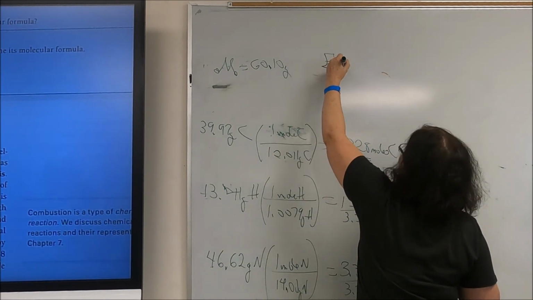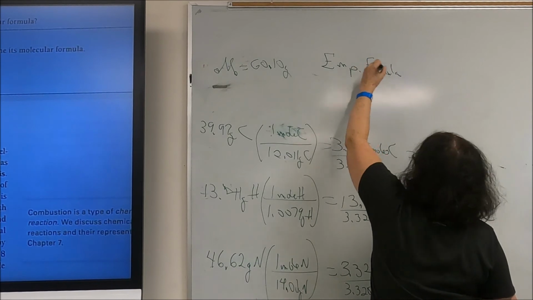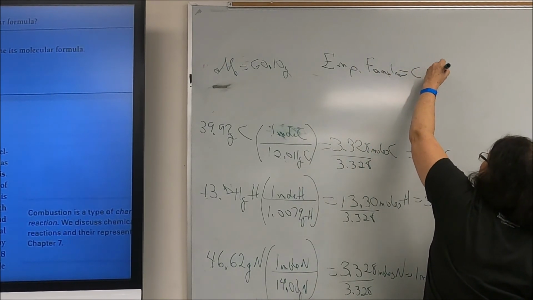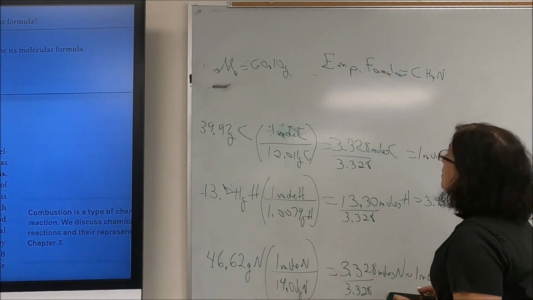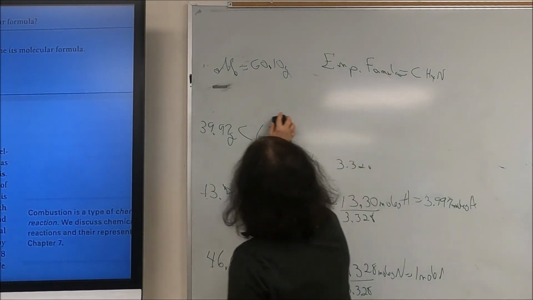So our empirical formula is CH4N. So we got part 1 of the problem done. We've got our empirical formula.